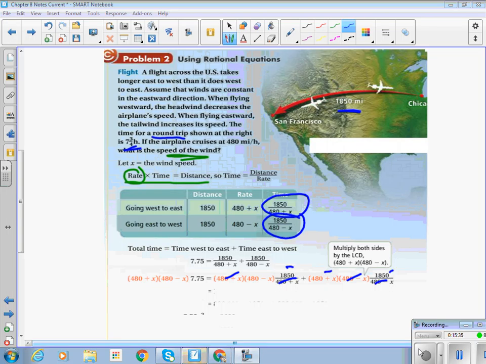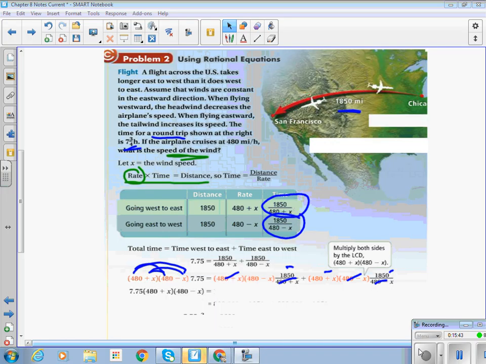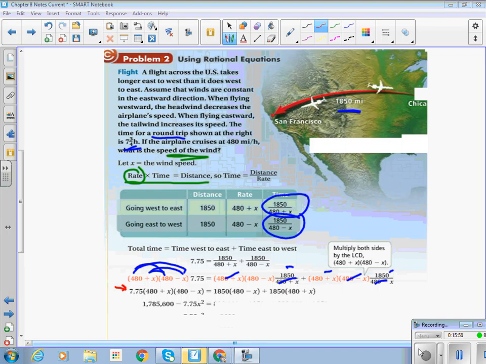And then we're going to FOIL this guy. So let's go ahead and do the mathematics on the foiling. So once we multiply these guys through, we get 1,785,600 minus 7.75x squared.